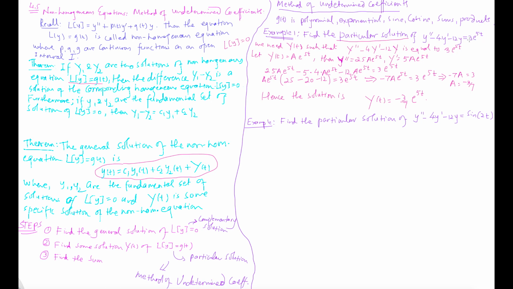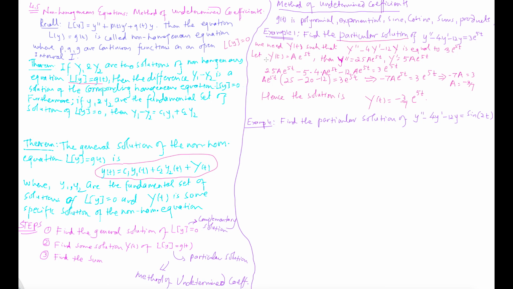Here, since the right hand side is 3e to the 5t, I assumed that the solution is y(t) equals a e to the 5t, because I know that any derivative of this function will have e to the 5t. So if you plug those values into the left hand side, you expect that e to the 5t on the result. That's how I made that assumption.